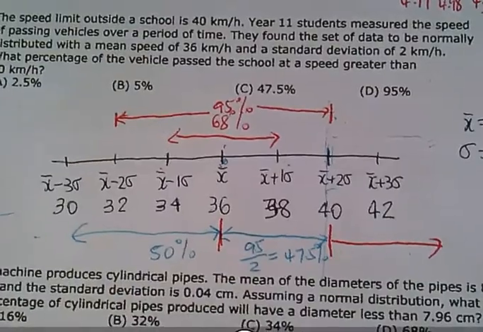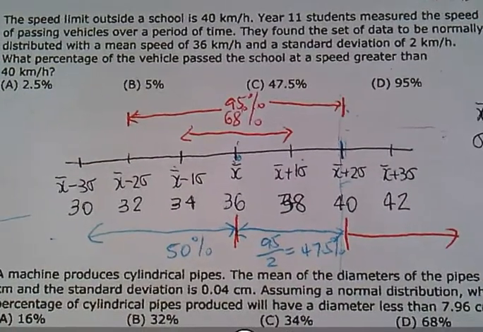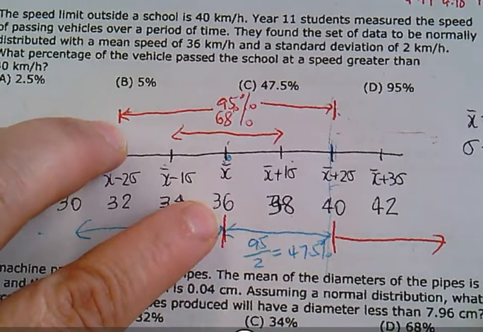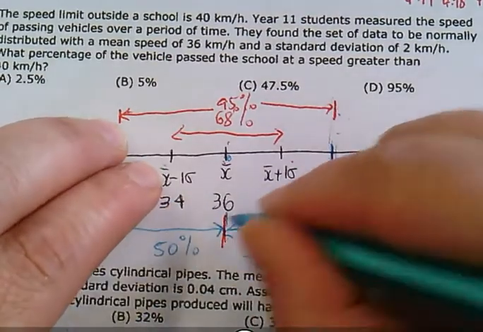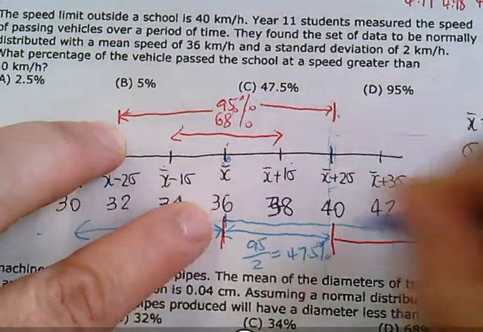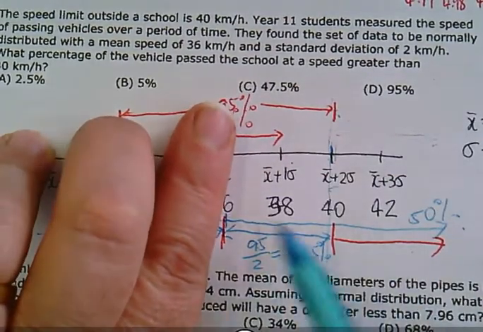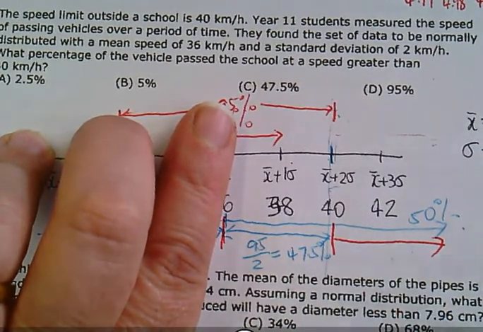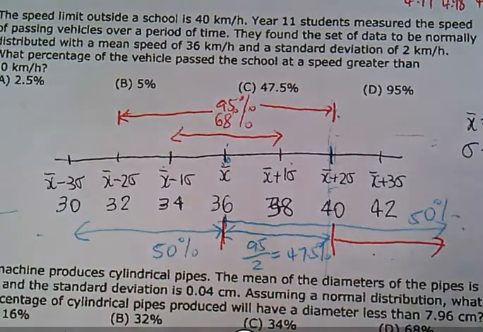So, do we know what the red bit is now? If the bottom half is 50%, so is the top half. I could have done that. So silly of me. So all that section is 50% as well, right? If this bit's 47.5%, this bit is the 2.5% over the edge.